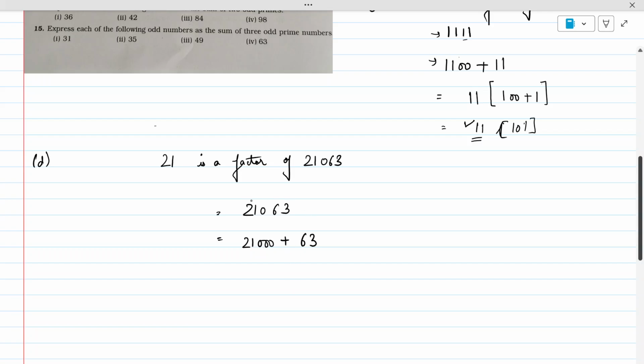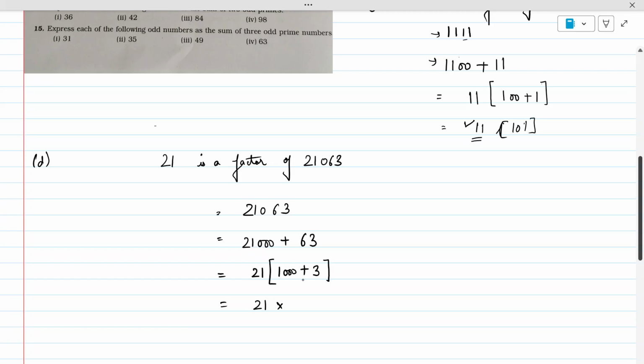If you add this, it will become this number, right? And kids, if you see here, we have 21 common. I can write this number as 21 times 1000, and if you multiply 21 with 3, you will get 63. So that means I can always write this number as this. Again, I have 21 as one of the factors.